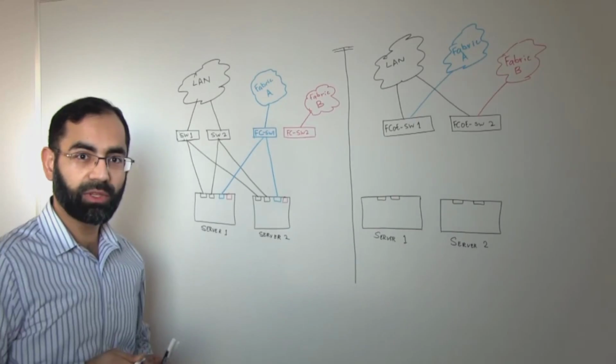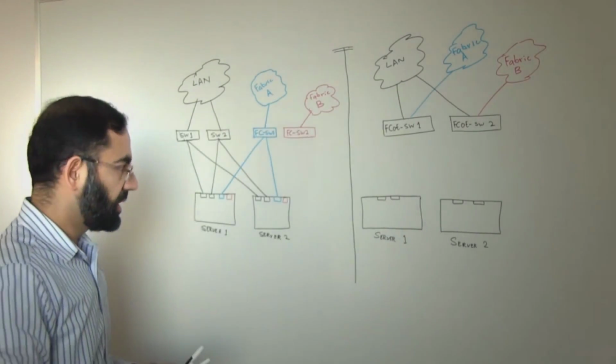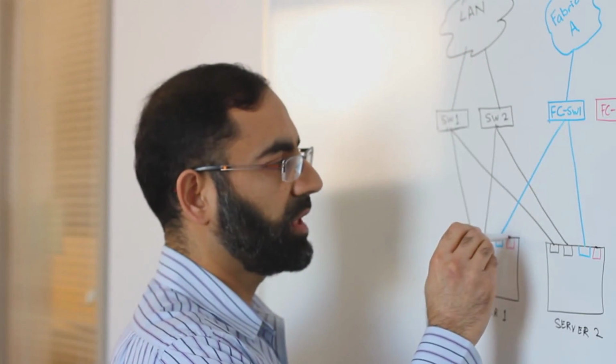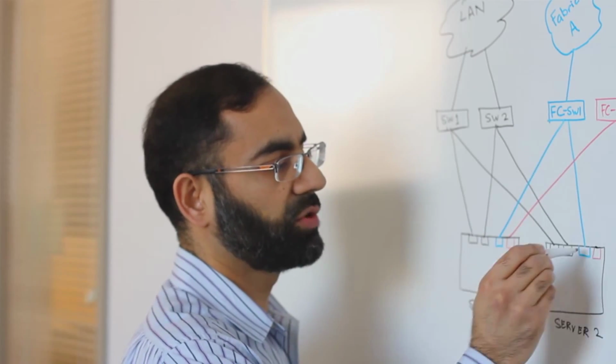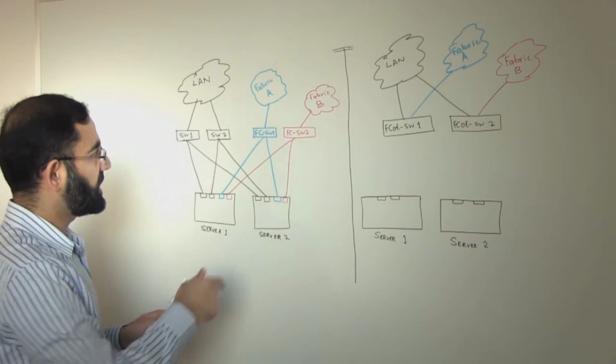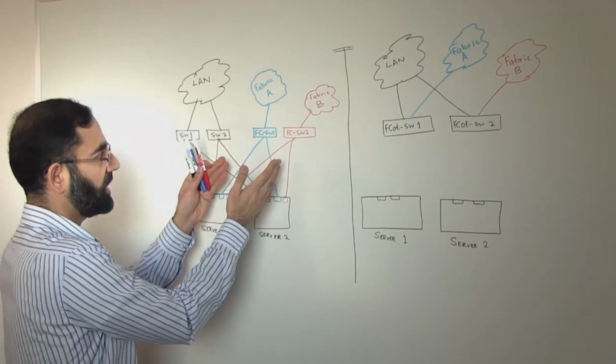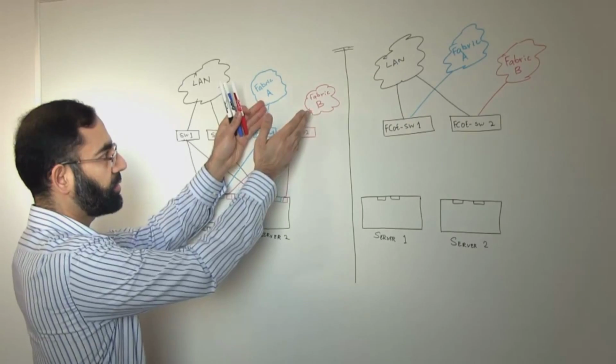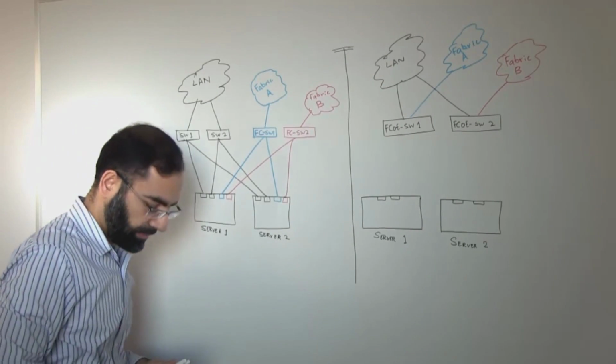Another HBA is connected to another FC switch. The second HBA is connected to a completely separate FC switch as shown right here. And as you can tell, this separation or air gap is maintained throughout the network in FC SANs.